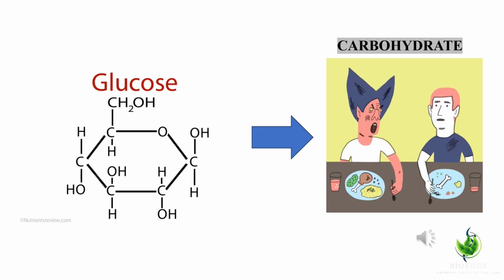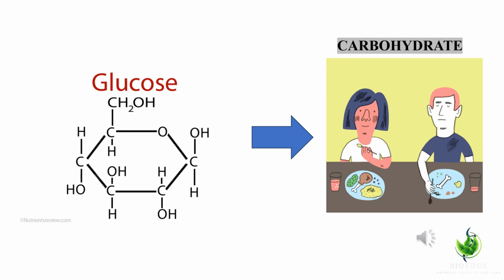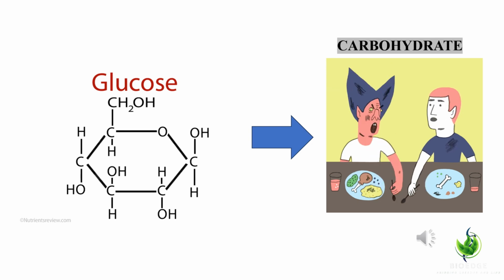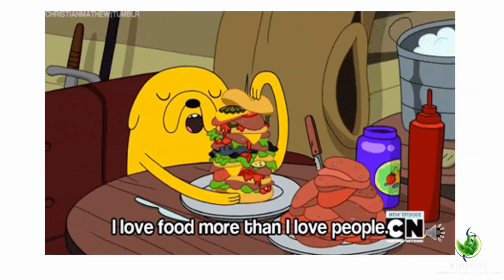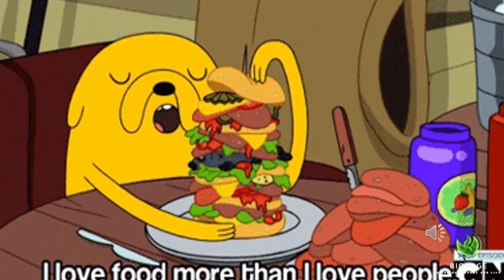In normal circumstances, this glucose is usually available to us by food that we eat, specifically the carbohydrates that we eat. But if we take too much of that carbohydrate inside our body, then that excess amount of glucose will convert itself into glycogen, and this process is called glycogenesis.